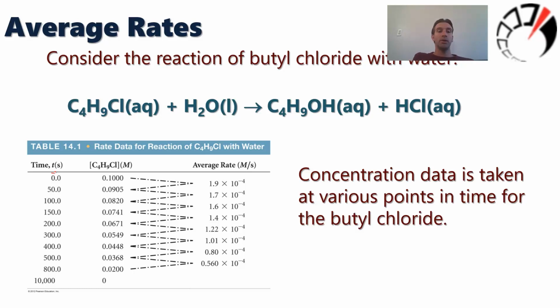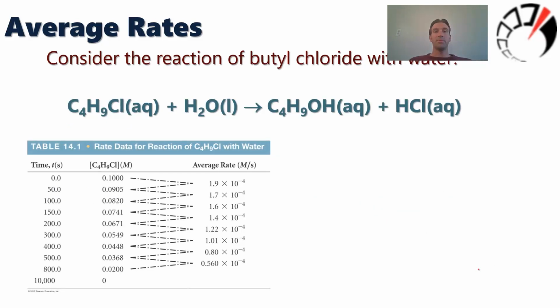Between time 0 and time 5, concentrations go from 0.1 to 0.0905. When we calculate out a rate, it is 1.9 times 10 to the negative fourth molarity per second. That is our change in molarity of our butyl chloride.